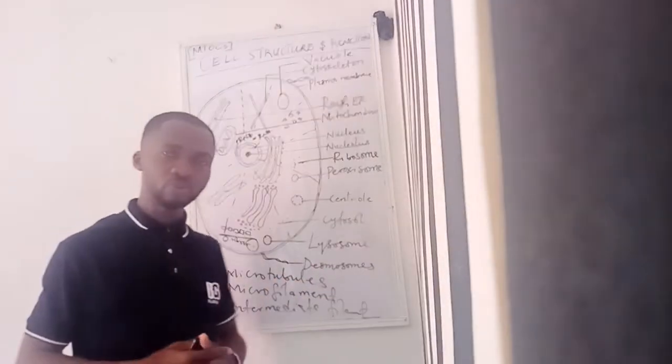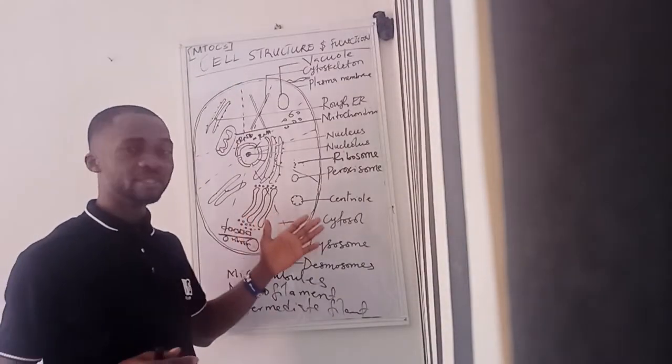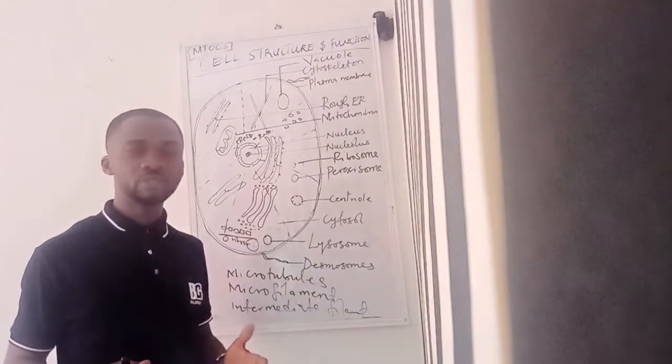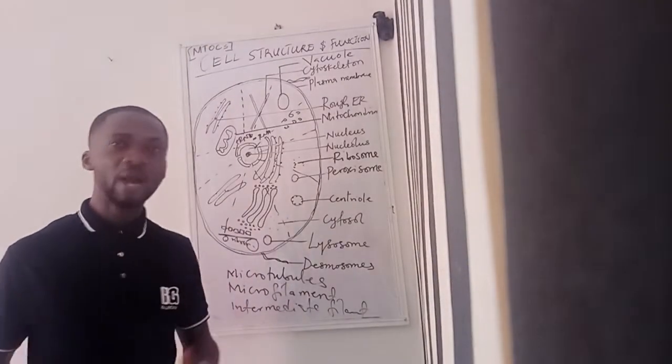Then when it comes to smooth ER, the smooth ER helps in the synthesis of lipid. Apart from the synthesis of lipid, it also helps in metabolism of carbohydrates.